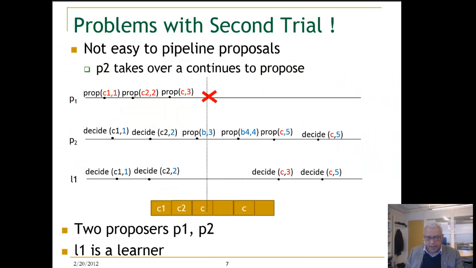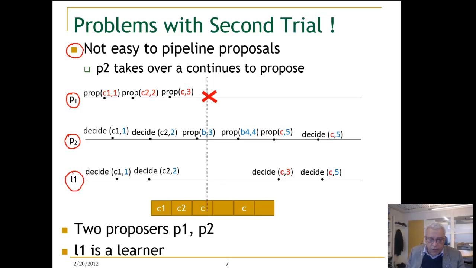So let us take an example with this. We said it's not easy to pipeline proposals. So assume the following. We have 2 proposers, P1 and P2, and we just show one learner. The learner, if you remember, is the one that has to learn what things have been chosen or decided.